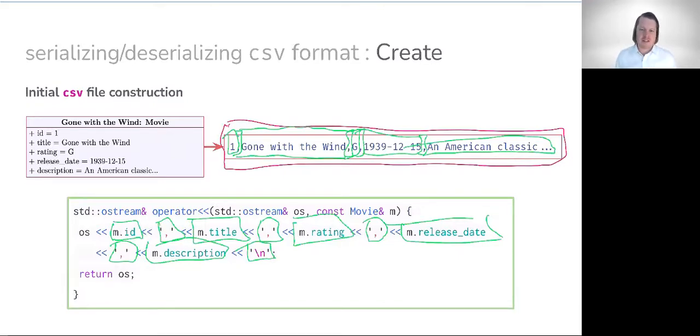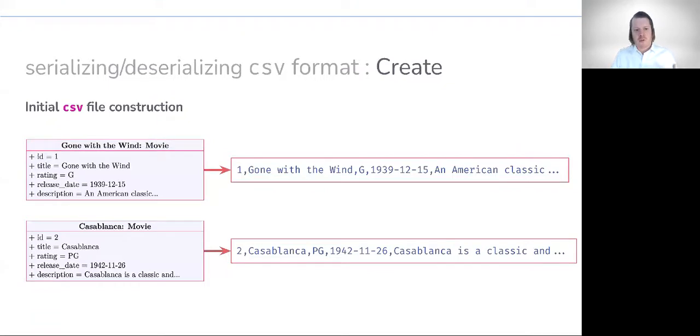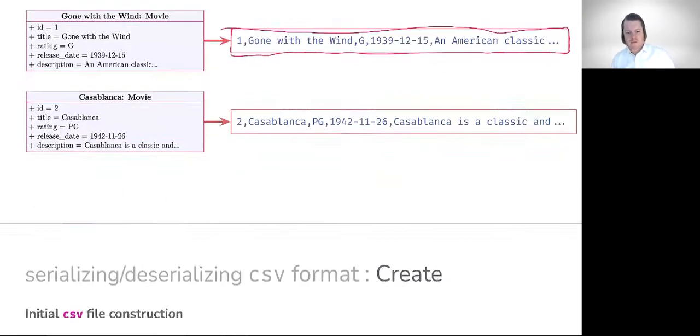Now, can I put this together to actually serialize this whole collection of movies to a CSV file? For each movie in my collection movies, I want to generate this representation of that object and then write that out to a file.